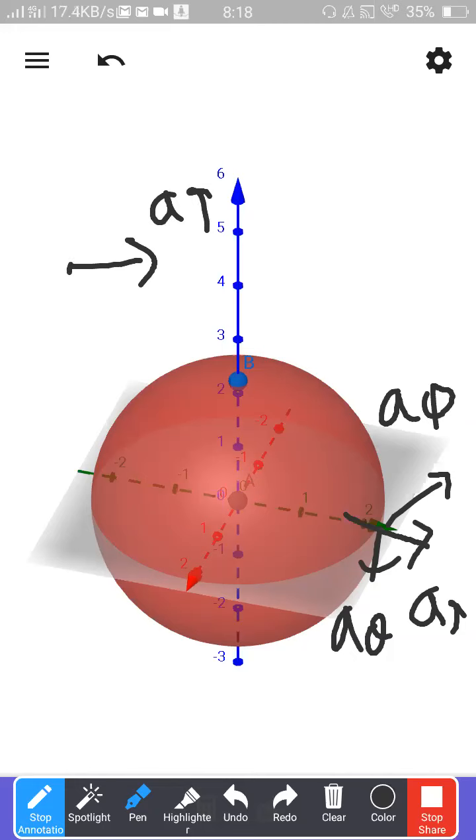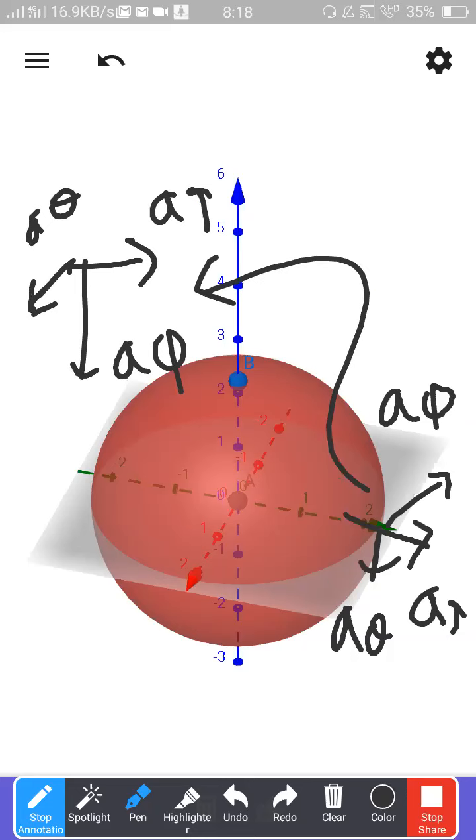I'm just modifying. If a theta is in this direction, then a phi will go in this direction. Is it okay? a theta and a_r already make an angle, and phi is going downwards. Yes, it's following the right hand rule.